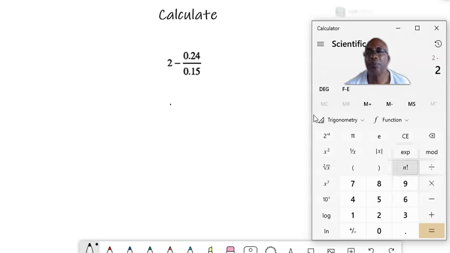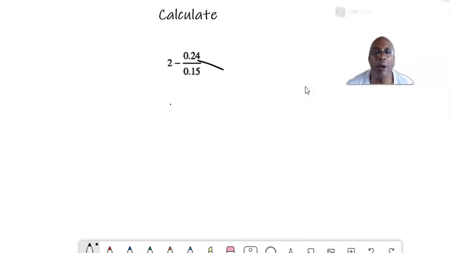So minus, I open a bracket, 0.24 over 0.15 means dividing. So I divide by 0.15. Then I close the bracket. And that's it. Equal sign. And I get the answer as 0.4.